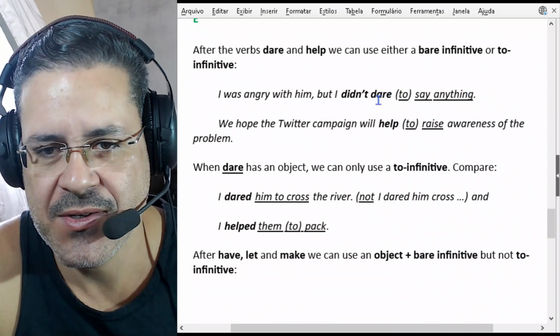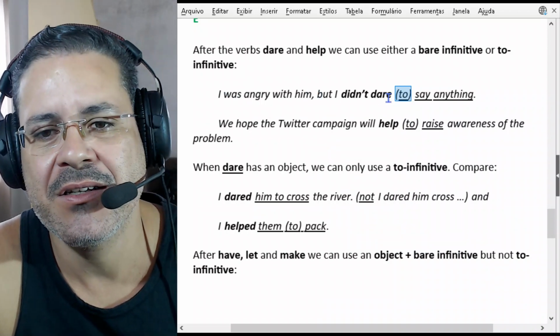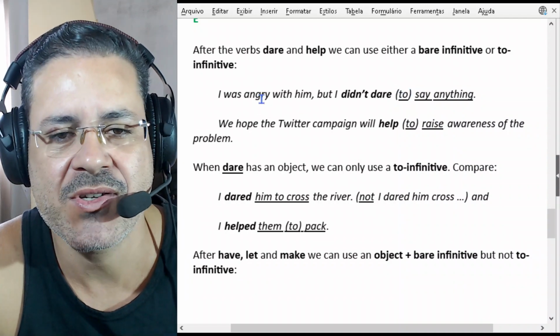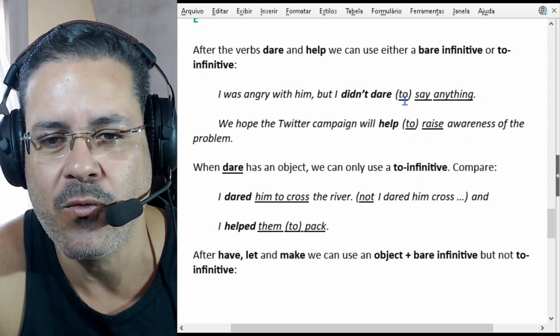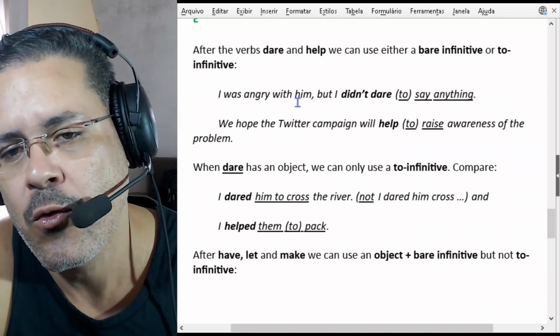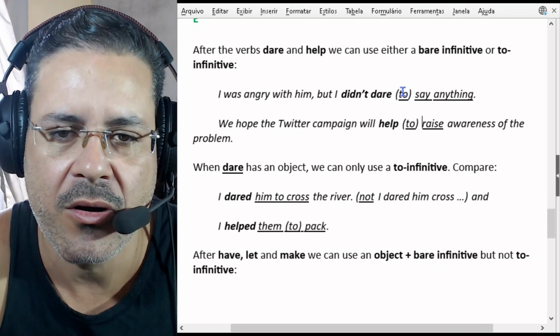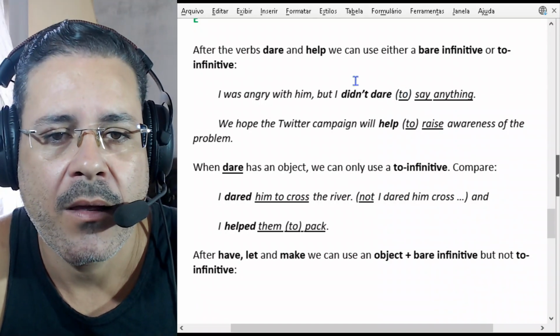Or we might say, I was angry with him, but I didn't dare say anything. We read it without the to. We can use it or not with the verbs dare and help.